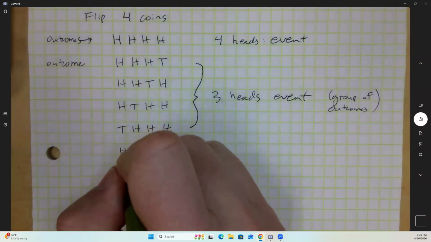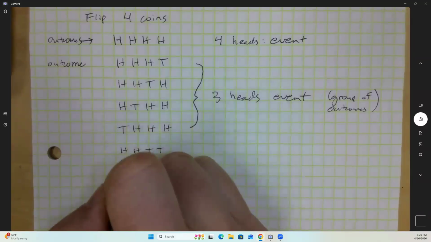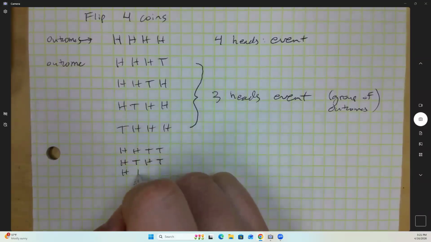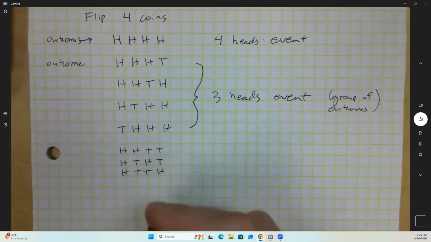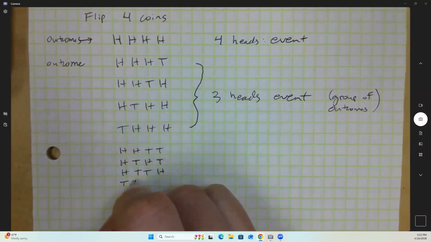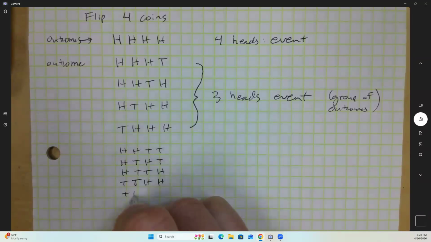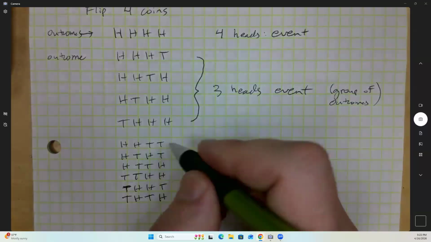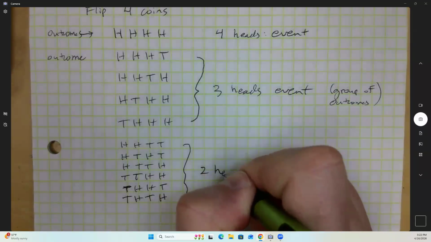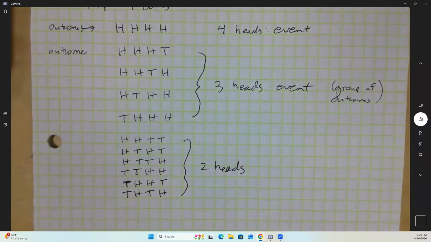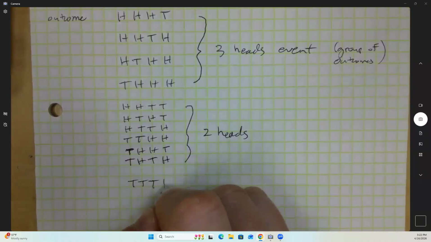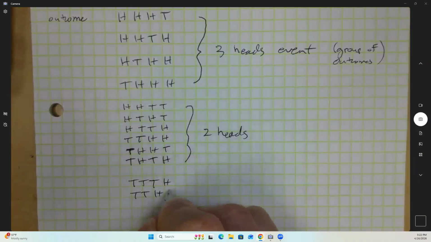Okay, well, I could have had 2 heads and 2 tails. There's a couple of different ways that could have happened. That's the event where I get 2 heads. Or I could have just gotten 1 head so that 3 of them would have been tails.